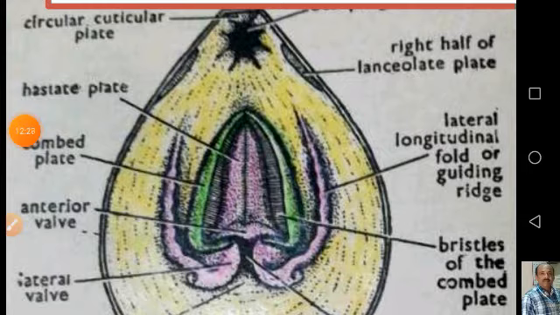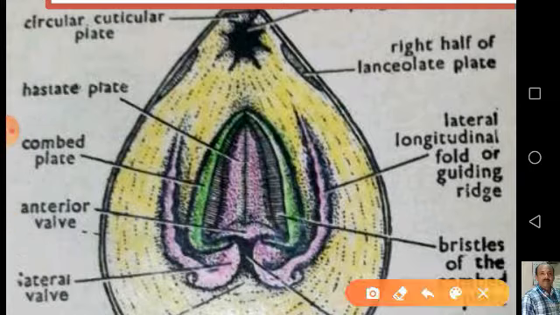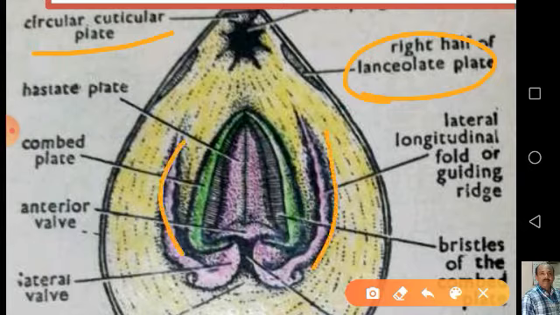Now in this figure we can see many plates. As I already discussed, this circular cuticular plate is present where the esophagus opens into the stomach, and immediately below that the lanceolate plate is also present, and then folds and ridges come. These are the lateral longitudinal folds, and inside them mainly there is a hastate plate.